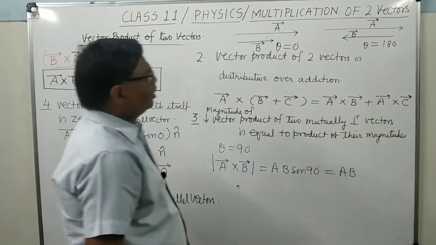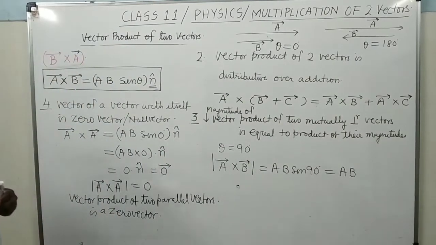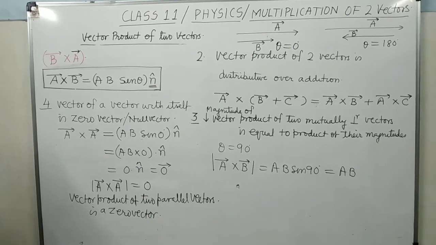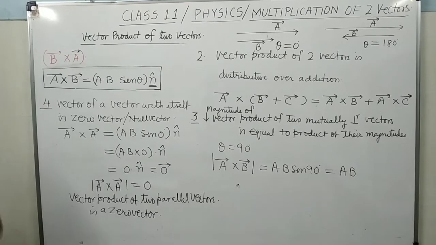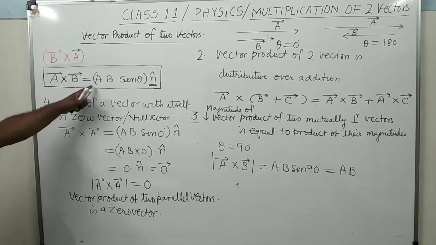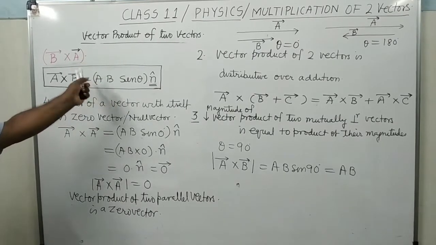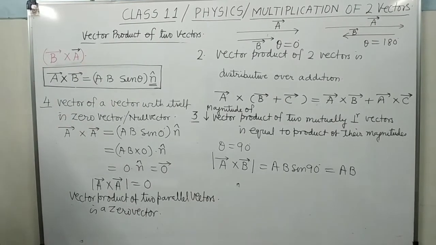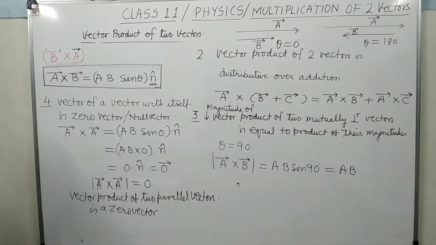You can see, in the first diagram both vectors are parallel, so the angle between them is 0 degrees. In the second diagram they are in opposite direction, said to be anti-parallel, and the angle is 180 degrees. So you get AB sine 0 degrees or AB sine 180 degrees. Sine 0 is 0, sine 180 is 0, therefore it will be a 0 vector.